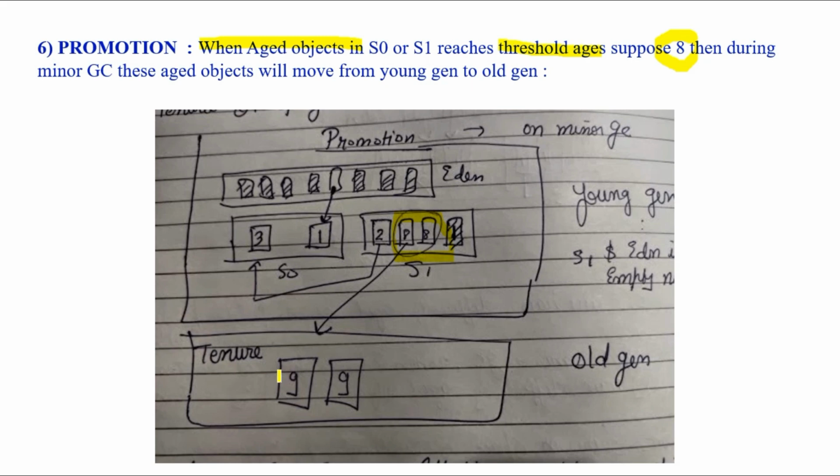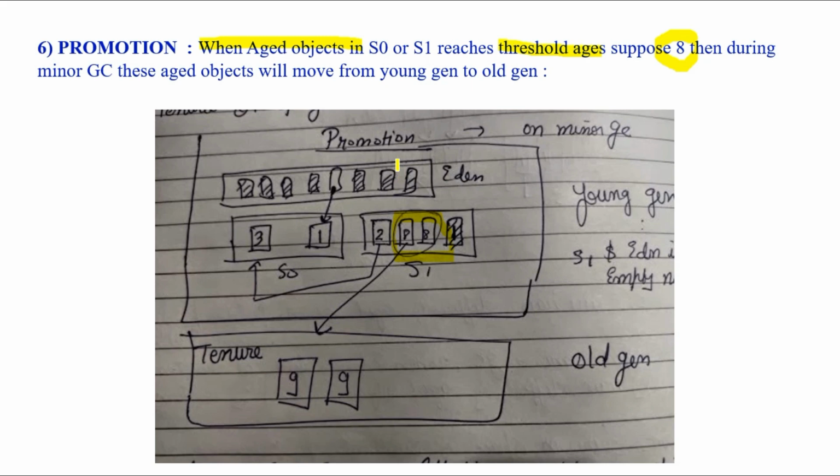That means it has survived a particular number of garbage collections, and the JVM understood that this is an important object that you do not want to get garbage collected.